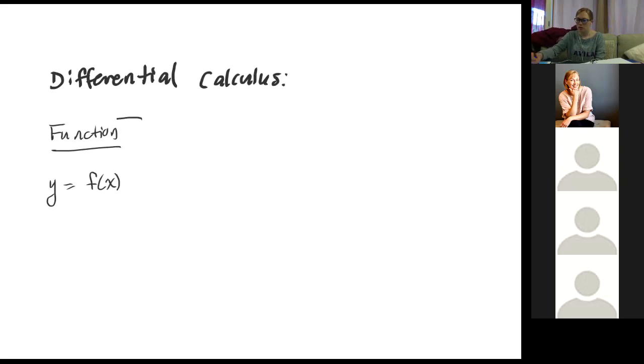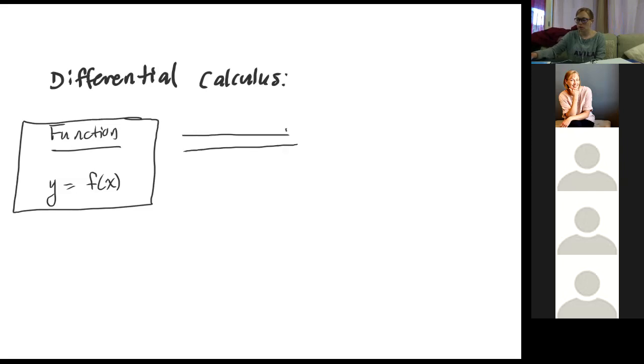And using that function, we developed this list of rules and a process called differentiation to find other related functions that we called derivatives.